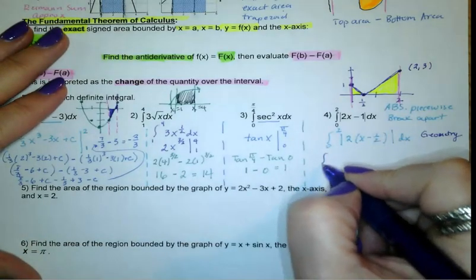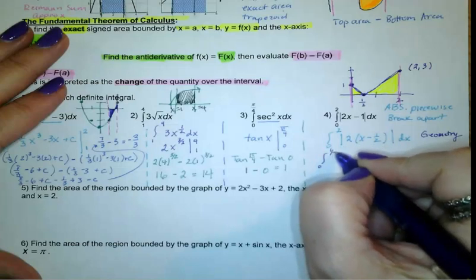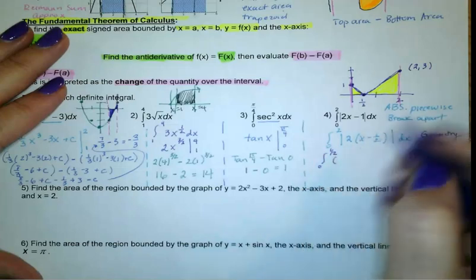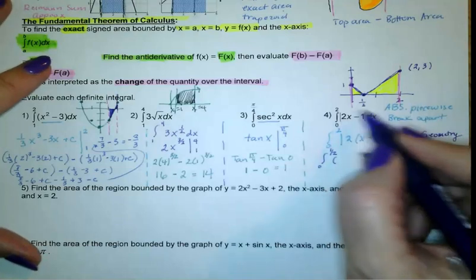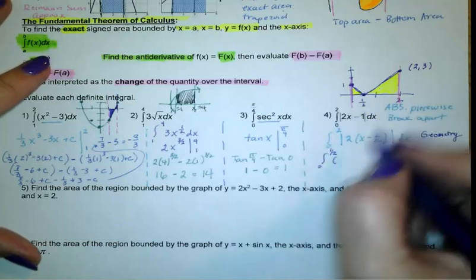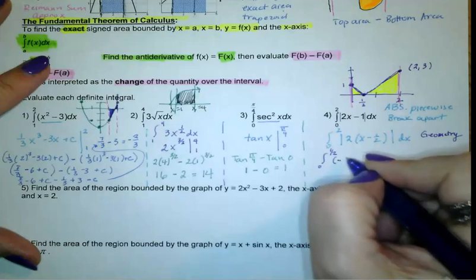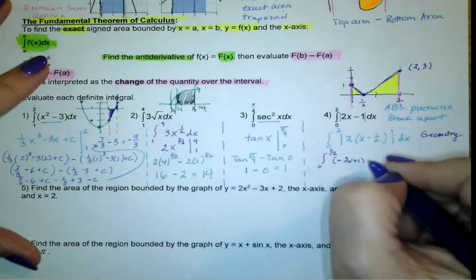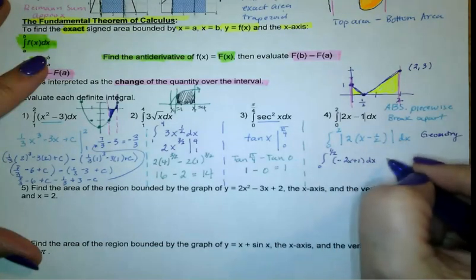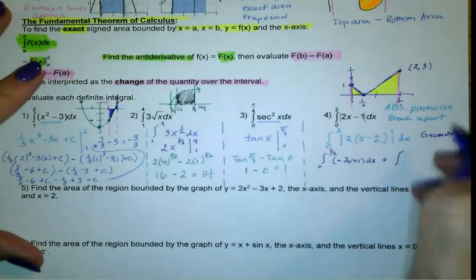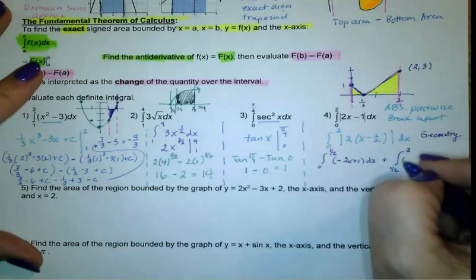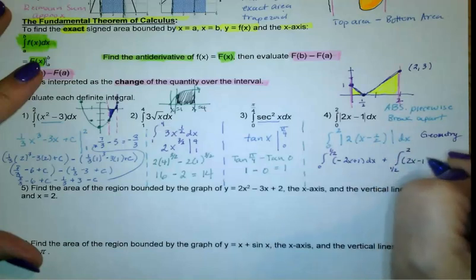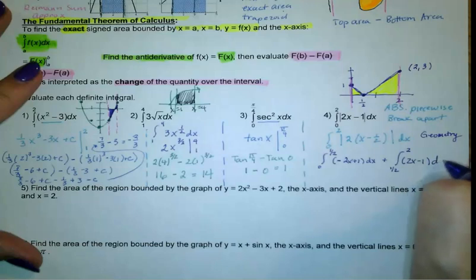So this one is going to go from 0 to 1/2 of, and I can go back up here, but I'm going to be looking at the negative 2x plus 1 dx. And then I'm going to add to that the integral from 1/2 to 2 of 2x minus 1 dx.